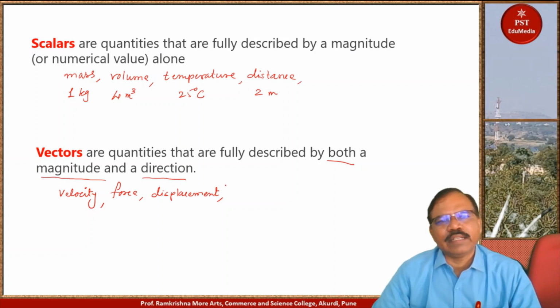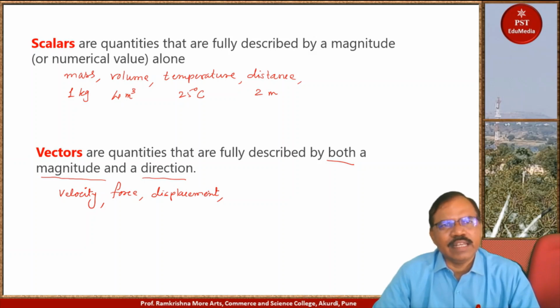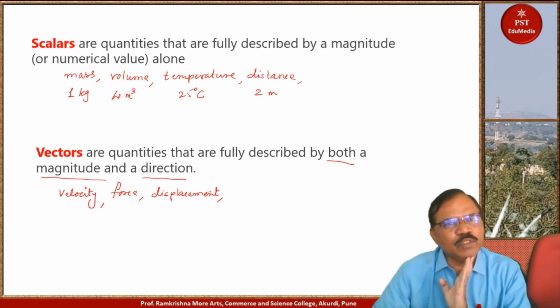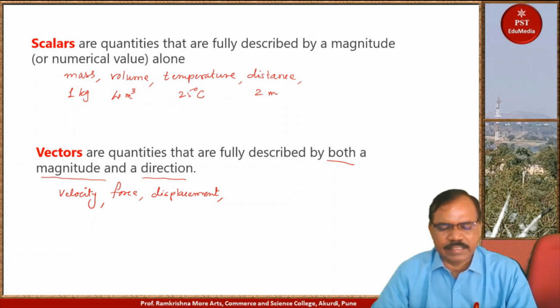To describe these quantities, we require the value as well as the direction. So this is the difference between scalars and vectors. Scalars are expressed in terms of numerical values only, while vectors require magnitude, meaning value, as well as direction.